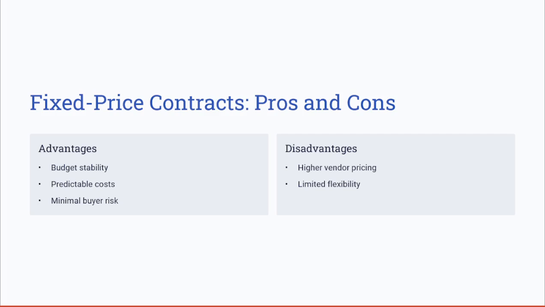However, since the vendor assumes financial risks, they may set a higher price to cover the uncertainties. If an unexpected challenge arises, the vendors may attempt to cut costs in ways that affect the quality or seek contract renegotiation. Project managers must ensure detailed contract terms to mitigate such risks.